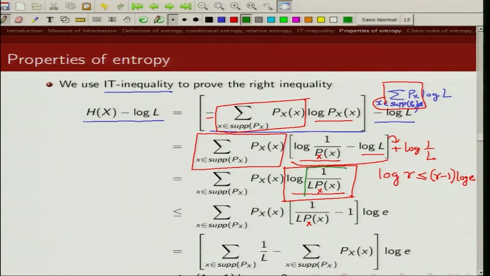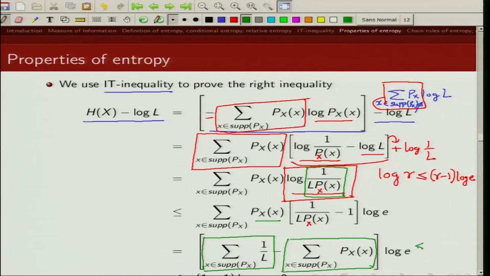This is my R here, right? So I can then write log of R as R minus 1 times log of E. So this can be written as R minus 1 log of E. Then simplifying it, the first term is summation over Px times 1 by LPx, so that's this term, and the second term is minus summation over the support set of pxi.